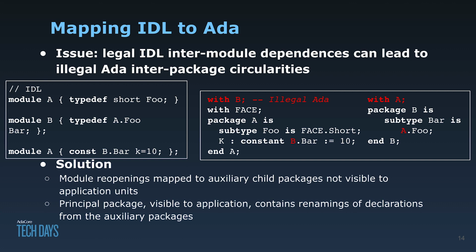You don't want the application to do withing of all these reopened packages, because that could be annoying. But it turns out that the combination of those child packages plus some renaming declarations allows you to have a single package that gets used by your FACE application, and all these auxiliary packages are behind the scenes. So that presents a nice, clean solution, and allows Ada to be a first-class citizen with FACE in connection with the IDL mapping.